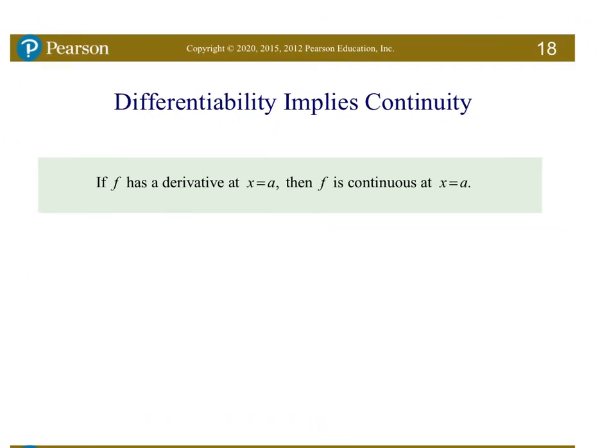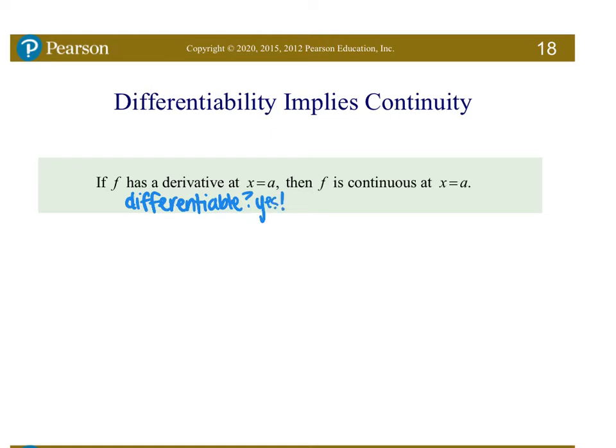All right, so to summarize, if f has a derivative, that means differentiable, yes. That means you've shown it to be differentiable. Then f is continuous at a.